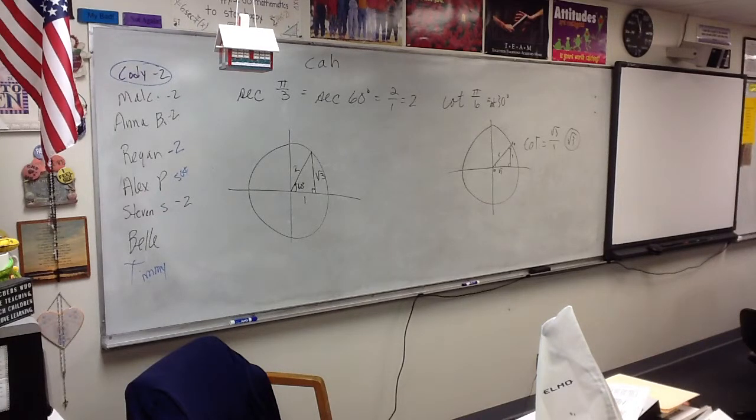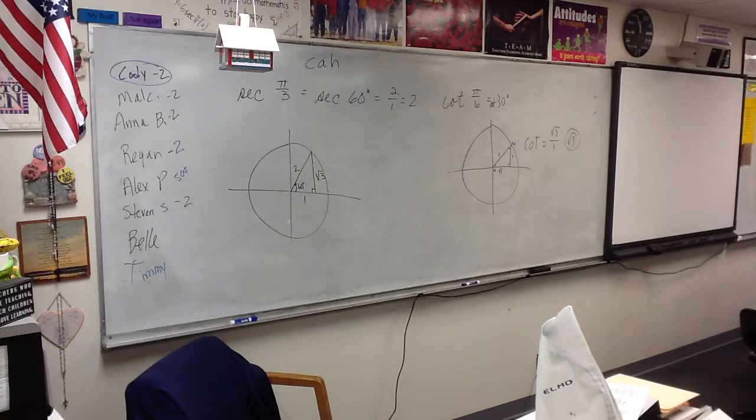Press the mode button, which is right here in the top row, the second button on the calculator. And do you notice that if you go down, for me it's down 3, it might be down more or less than that for you, but one of the options is degrees and radians. Do you see that? You have to make sure the right one is highlighted for the problem that you're doing.